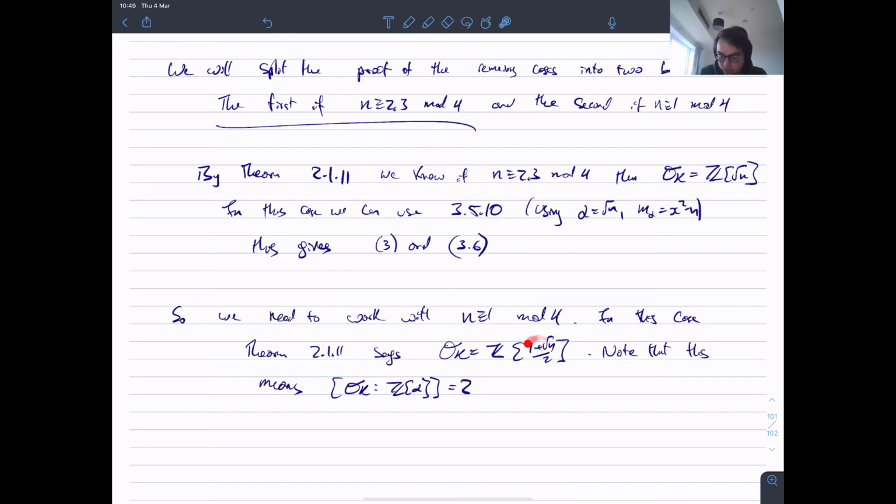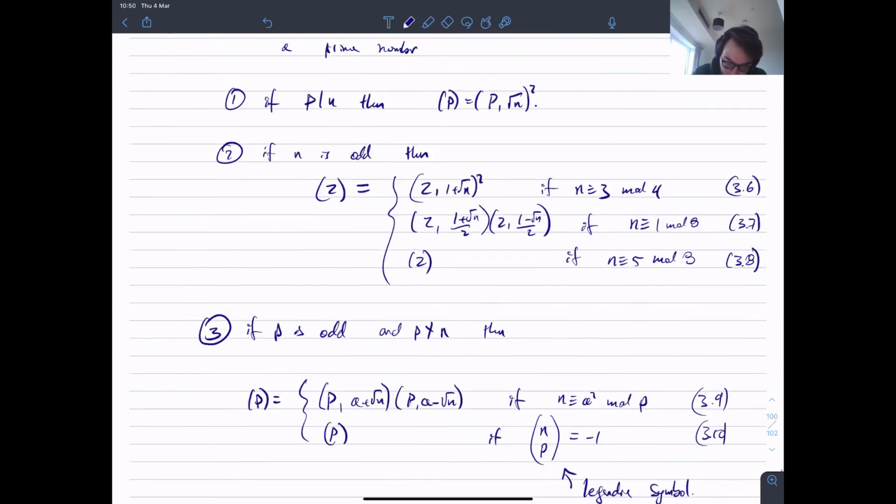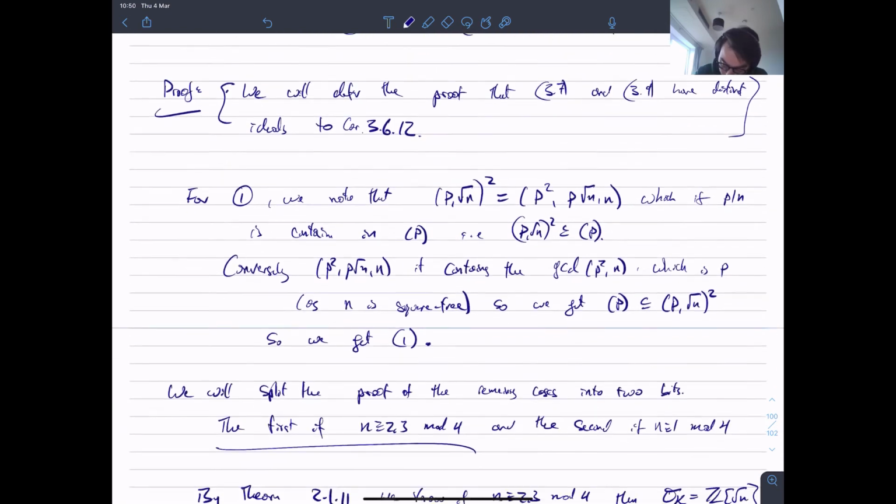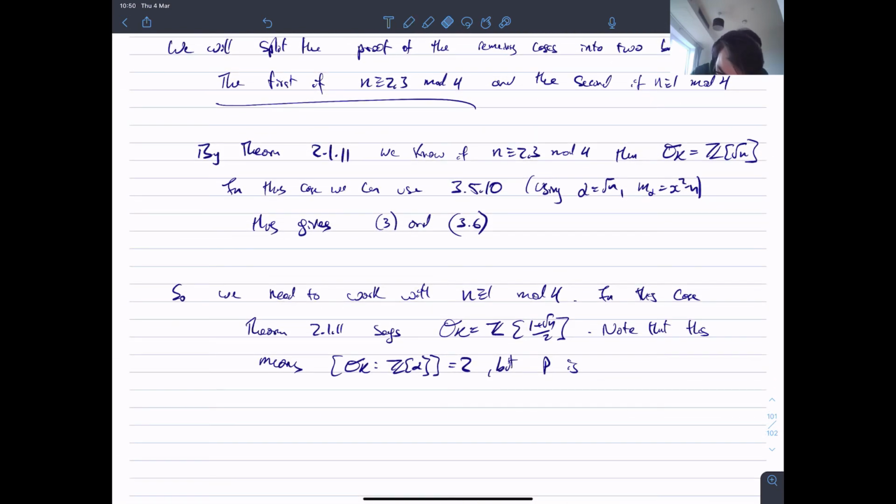Think of it as additive. You have this 2 showing up. This is essentially why this index is 2. But p is odd, in case 3, I guess. p is odd, so if p is odd, then it doesn't divide this index.